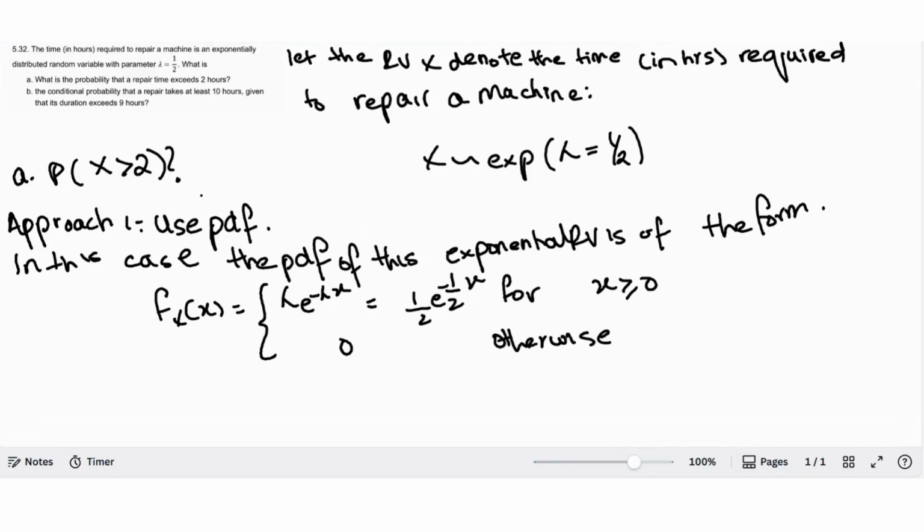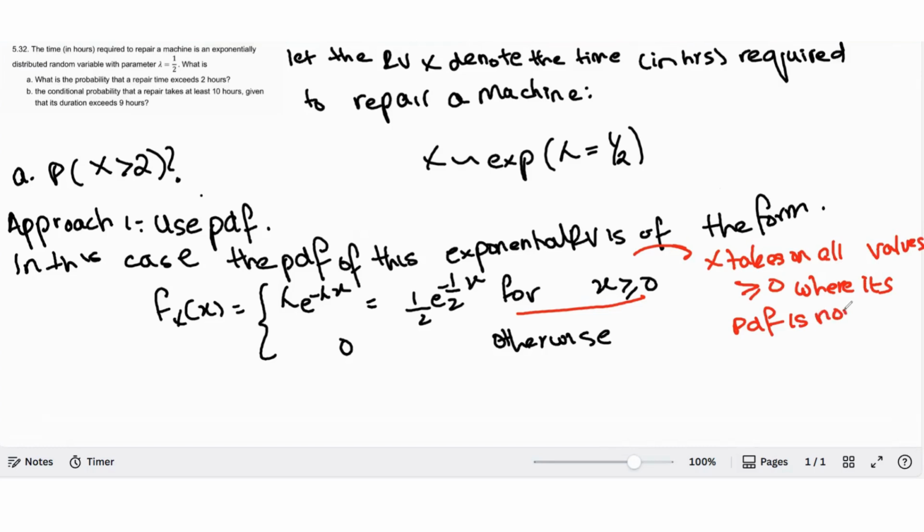Here, one thing that we really do need to keep in mind is this: a continuous random variable takes on those values where its PDF is non-zero. So X takes on all values greater than or equal to 0, where its PDF is non-zero.